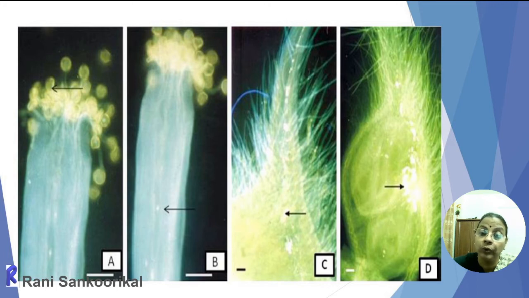So this is a microscopic view of germinated pollen grain on the stigma. The previous one I have shown is the development of pollen grain within the sugar solution. This one is on the stigma.